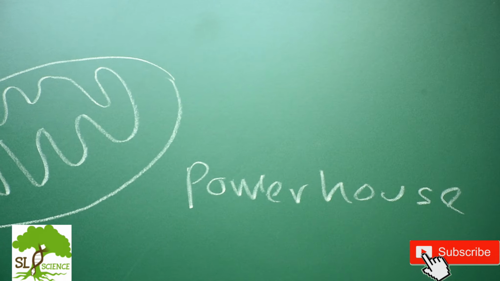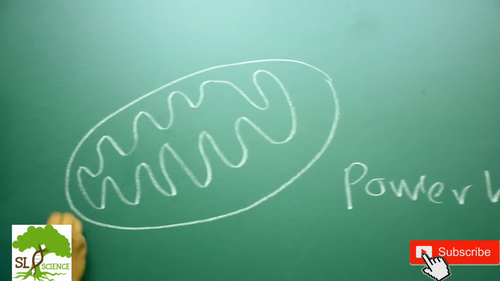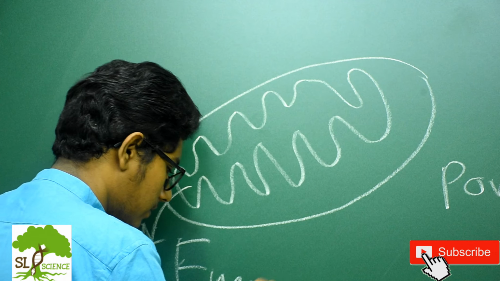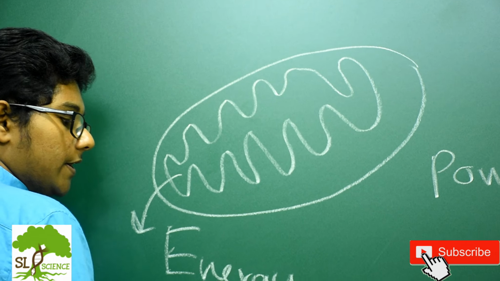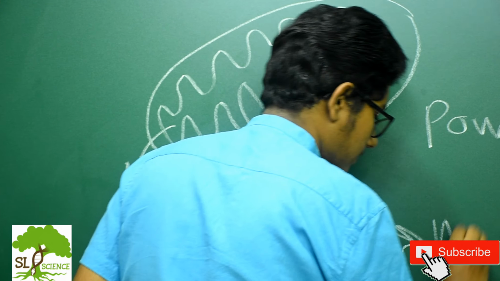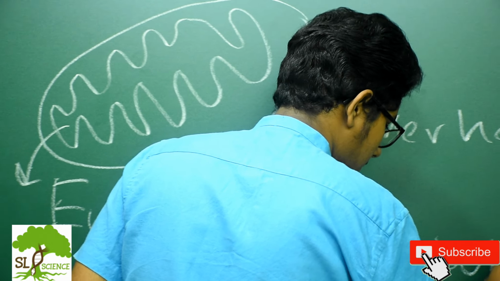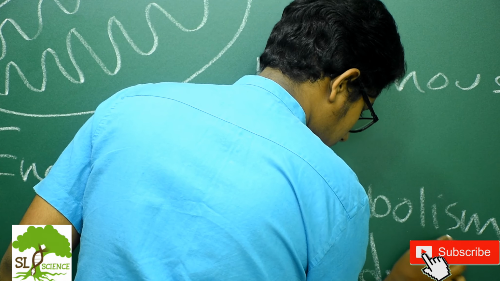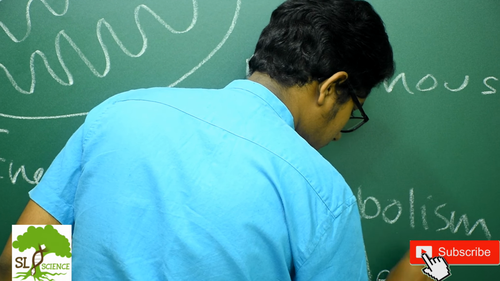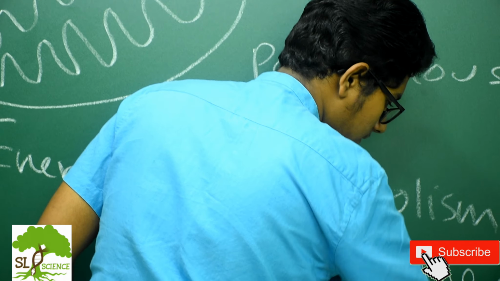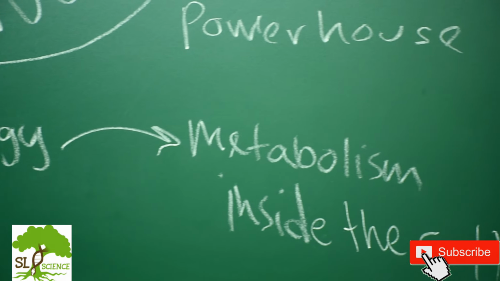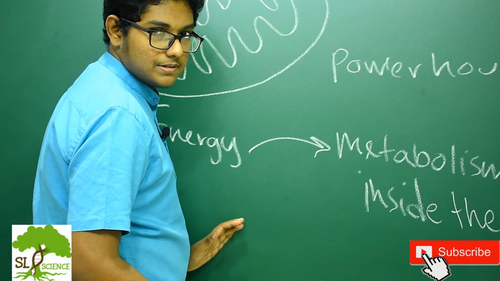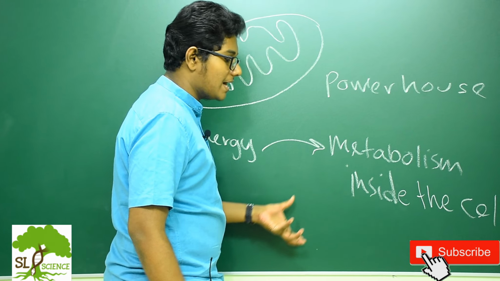That means the mitochondrion produces energy for all the metabolic reactions, anabolic and catabolic reactions inside the cell.